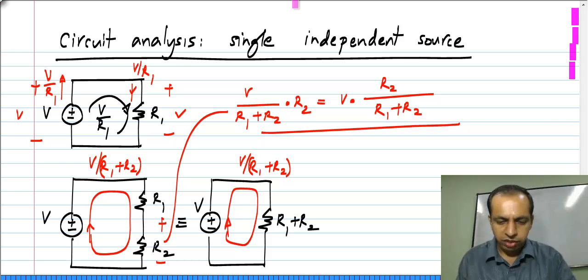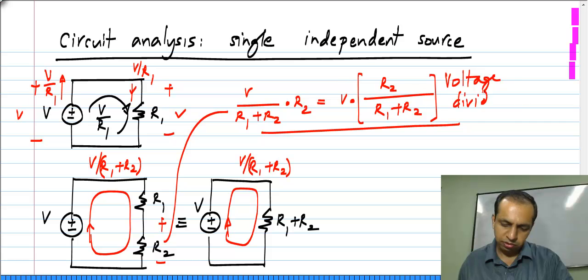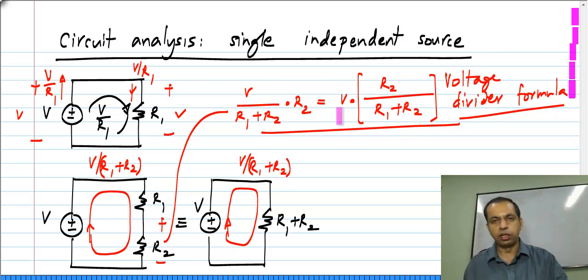So, we have the resistance R2 divided by the total resistance, in this case we have only two resistors, and that whole thing times the voltage V. So, this is the voltage divider formula. And if you wanted the voltage across R1, you would have R1 in the numerator instead of R2. So, again very simple.